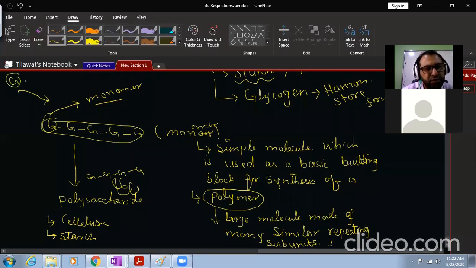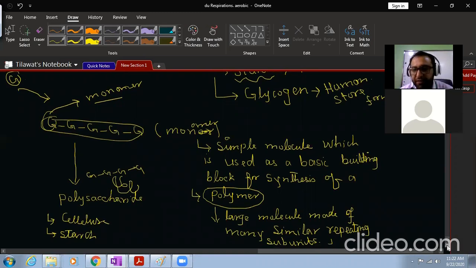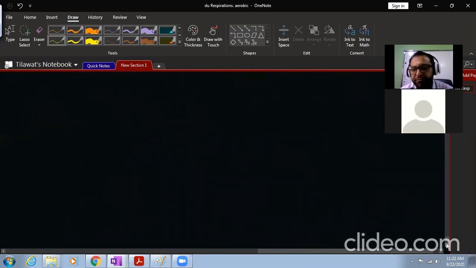Monomer. So, several monomers combine and they will form what? Polymer. In this case, example is what? Polysaccharide. Now, if we take the example of protein, but remember boys, one thing you should keep in mind.